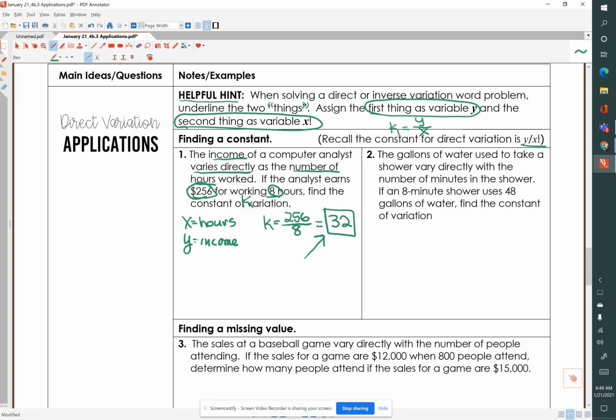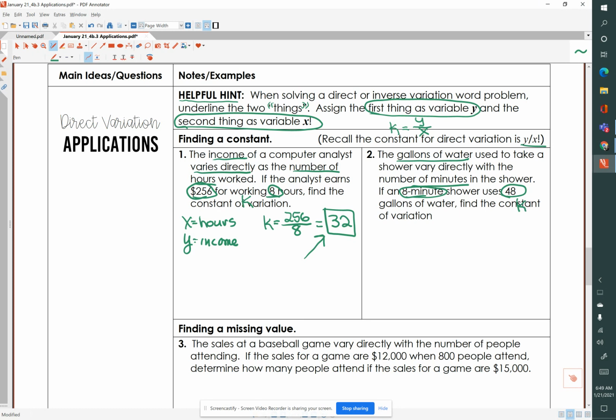Okay, let's go on to number 2. We have a water problem. The gallons of water used to take a shower vary directly with the number of minutes in the shower. So we've got gallons of water and we've got minutes. If an 8-minute shower uses 48 gallons of water, so here are our two numbers, 8 minutes, 48 gallons, find the constant of variation.